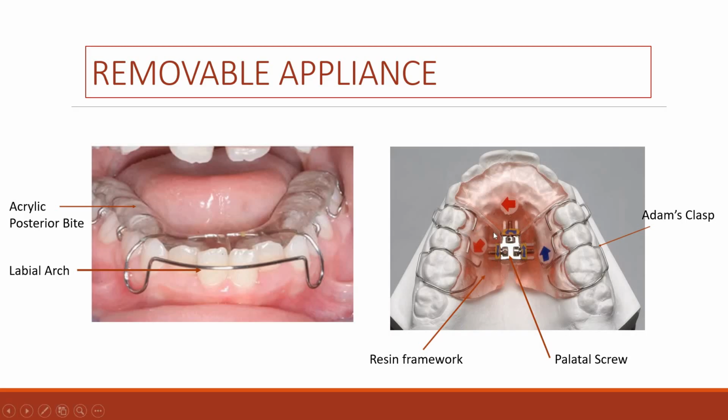Removable appliances are composed of retentive and active components connected together by a base plate. When designing a removable appliance, consideration also needs to be given to anchorage, ensuring that the desired teeth will move under the active force applied by the appliance.